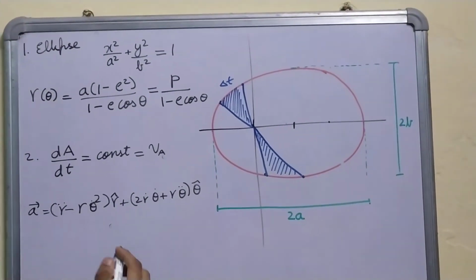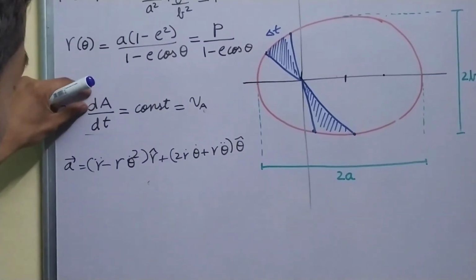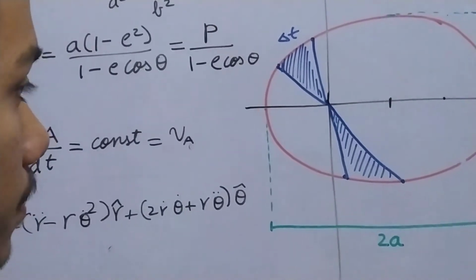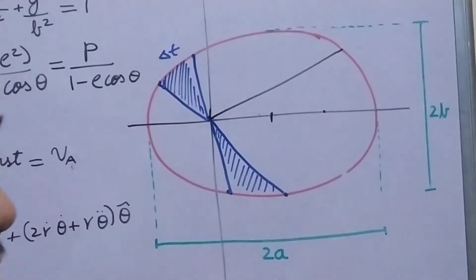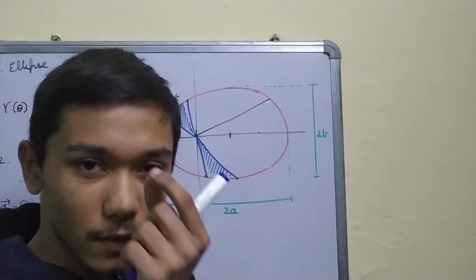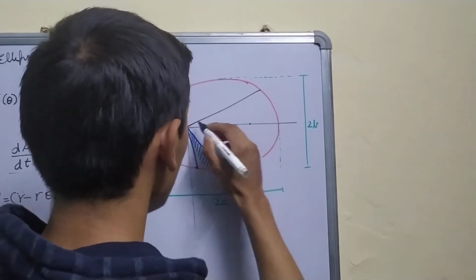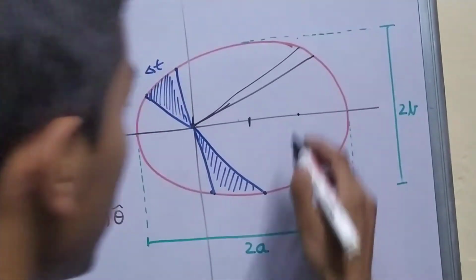Now, what is the area covered in a very small interval of time? What do I mean by this? Say your planet is at this position. After a very small, infinitesimal time interval dt, your planet will be somewhere in this position.